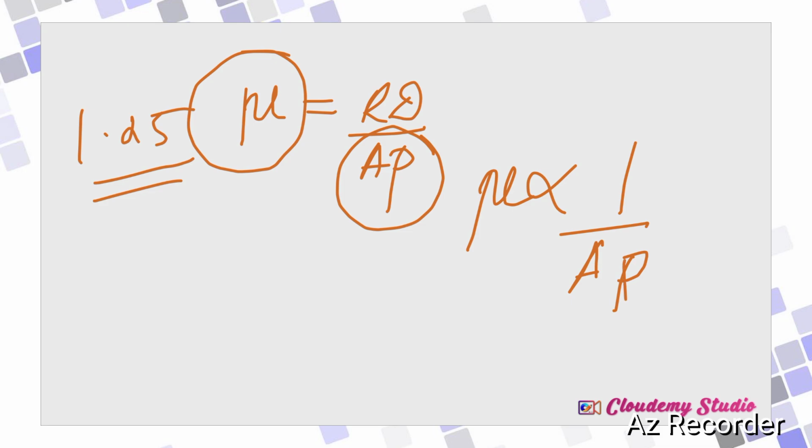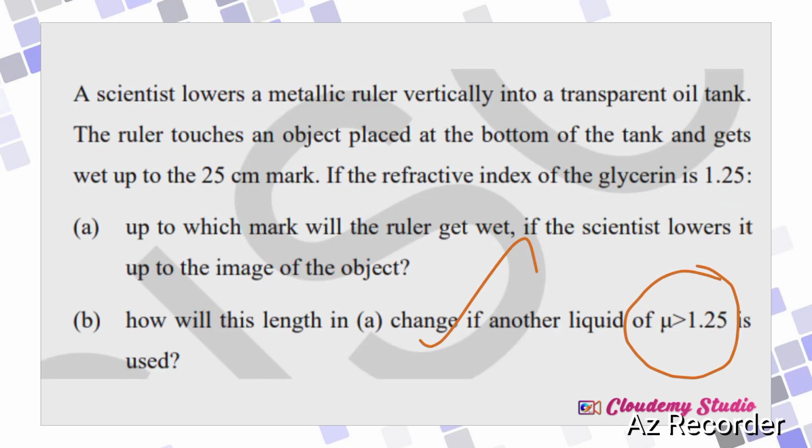Mu is inversely proportional to the apparent depth of the object. So for the refractive index to be of a higher value, it is evident that the apparent depth must be of a lower value. So in part 2, when the liquid is replaced by another liquid having refractive index greater than 1.25, the answer would surely be less than 20 centimeter, which was our answer in part 1. So in question B, the answer is that it would be less than 20.